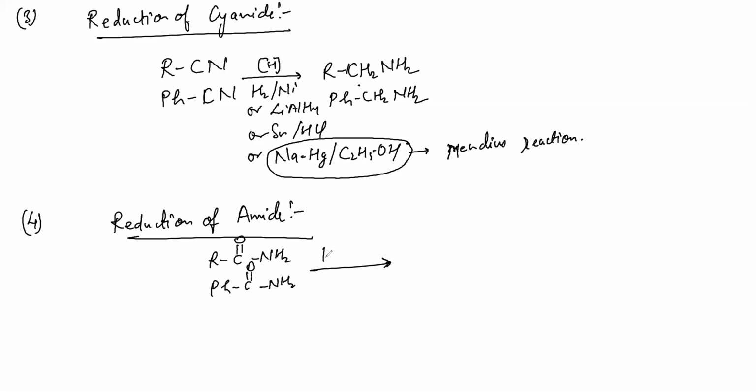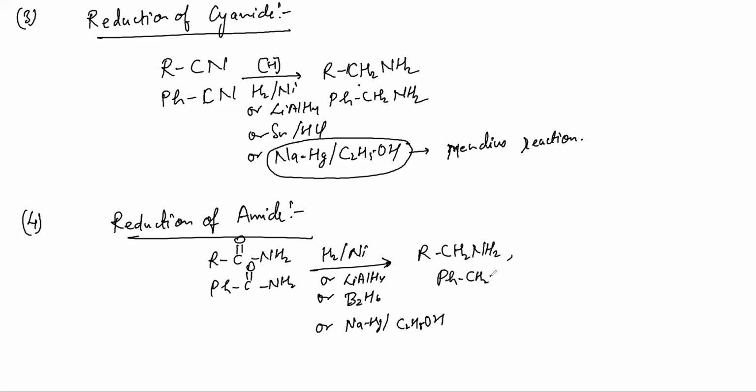Here again, you can use H2 over Ni or LiAlH4, or this time you can use B2H6 also, or Na(Hg), all the same reagents. You get RCH2NH2. Carbon will not be lost.